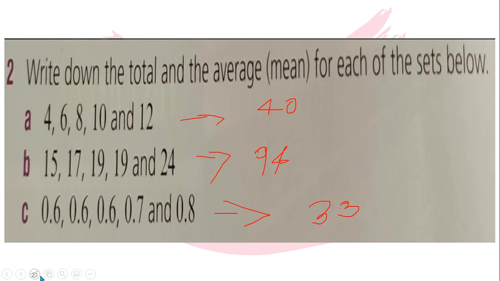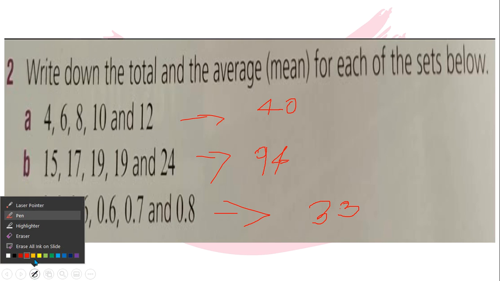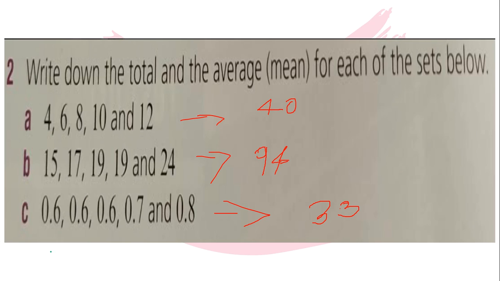So now, guys, we need to find how many numbers there are. In each of them there are 1, 2, 3, 4, 5. So all the numbers have 5, and we divide all of them by 5, guys.